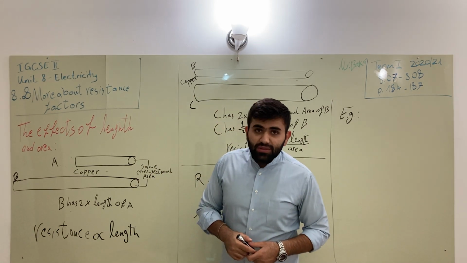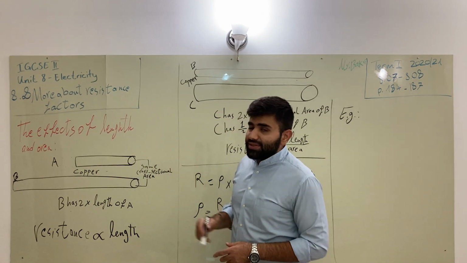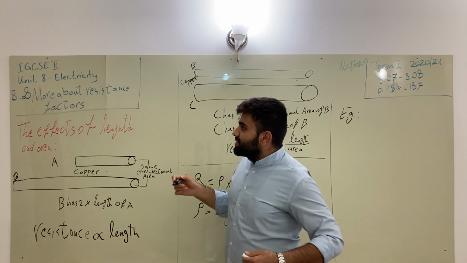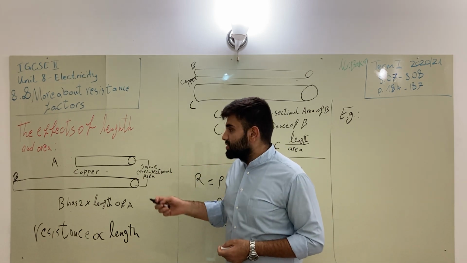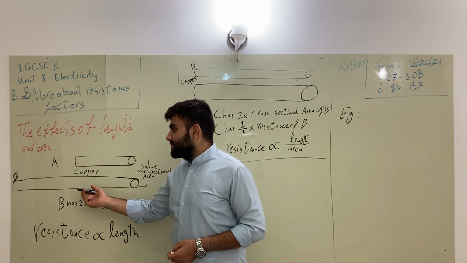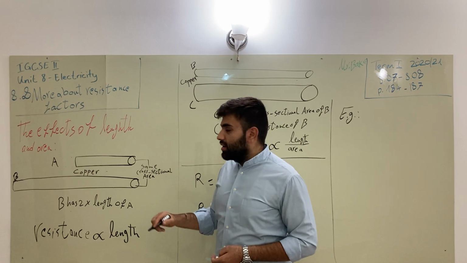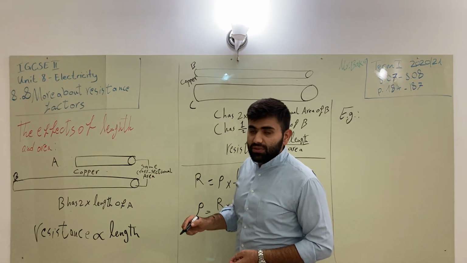So today we're going to continue with 8.08, more about resistance factors. If you remember, in 8.06 we talked about the length of the resistor. For example, here A and B are both copper wires. They have the same cross-sectional area.